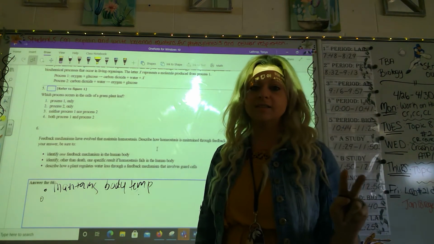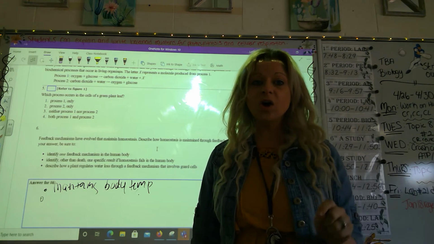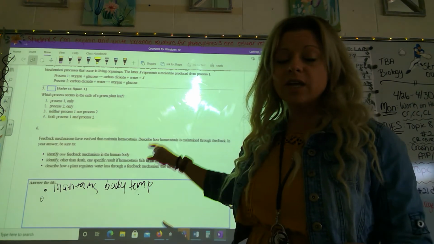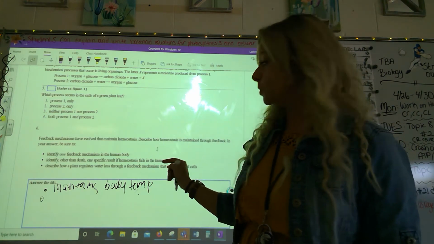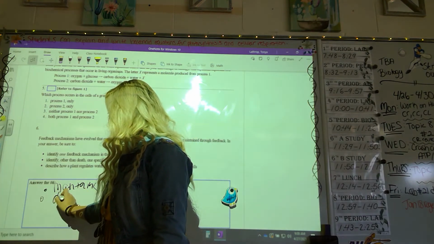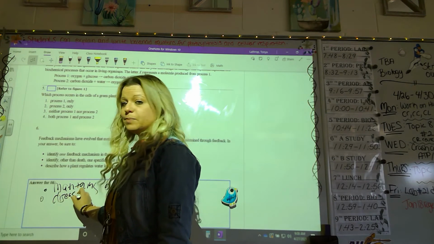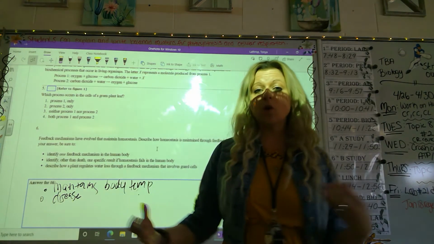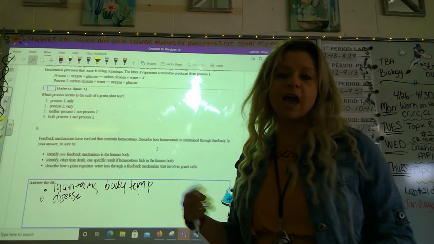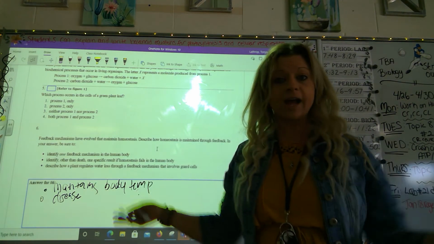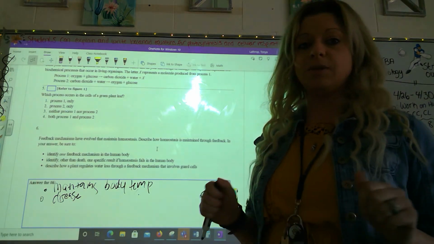The two Ds, disease or death. So if you cannot maintain your body temperature, you must have a disease or you must be sick. There's got to be something going on. You might have an infection, you might have a virus, you might have seasonal allergies. There's a lot of different things that could be indicated.